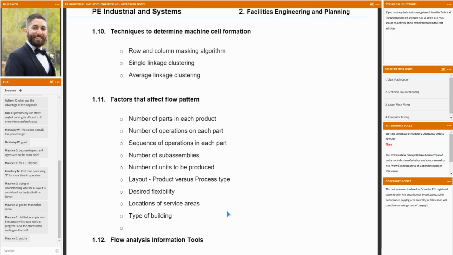So if you're building a large product, so this is the size of the product, that requires, like a plane, like a Boeing plane, and you have all these fastening tools, all the screws, everything that goes into the building of the plane, then that would dictate how your flow pattern would be.